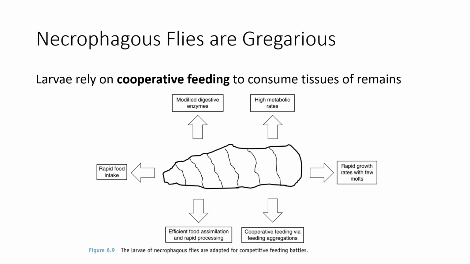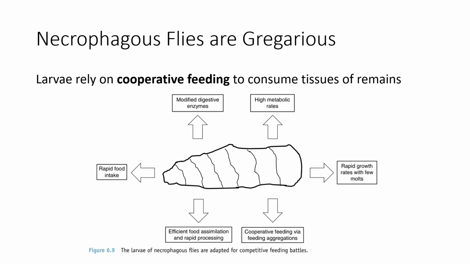And so when you have this cooperative feeding, you'll end up being able to deplete a resource very quickly and share that resource across the maggot mass more or less equally, though some individuals are going to die because they're not going to get that resource. There are going to be specific digestive enzymes that are going to be secreted to help that cooperative feeding, right?